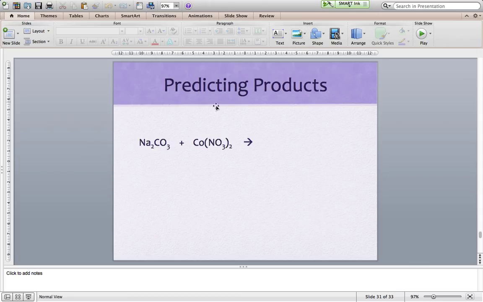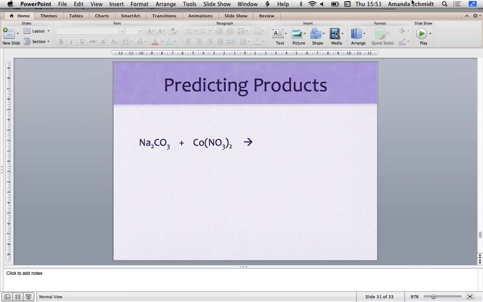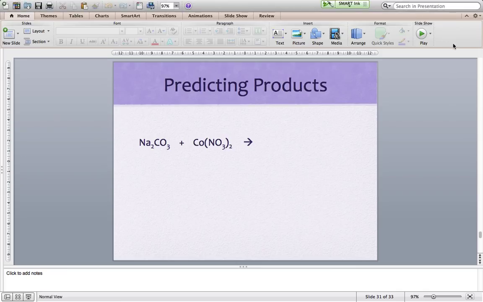The other tip that happened in this particular reaction, the sodium carbonate and the cobalt-2 nitrate, is with the multivalent metals, I don't get to choose what ion charge a multivalent metal is going to be because that's already given to me. So the ion charge won't change from product side to reactant side when that particular metal is an ion on both sides.